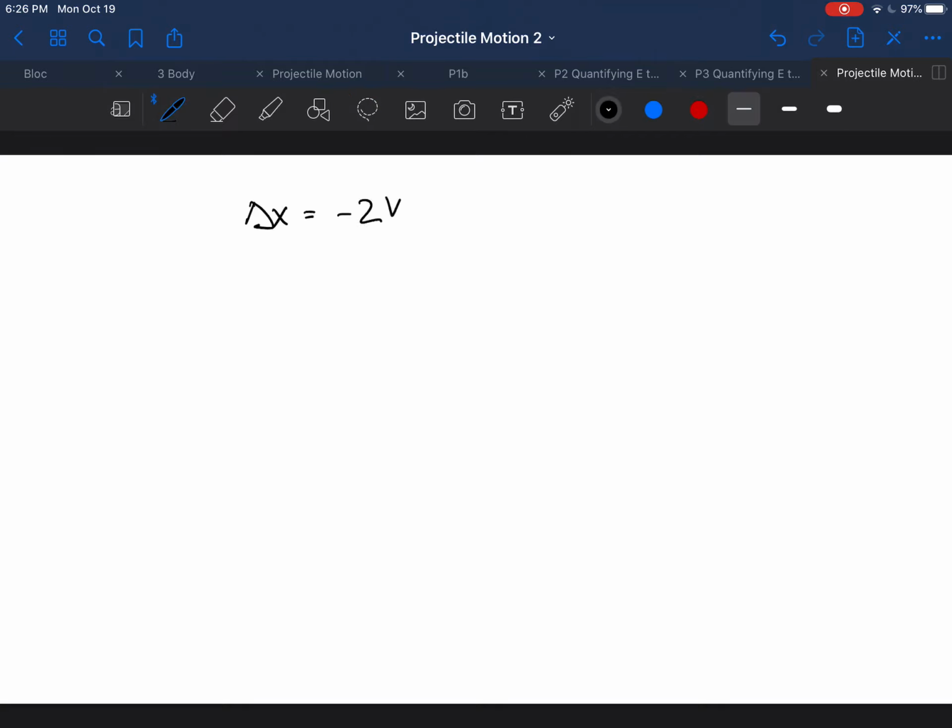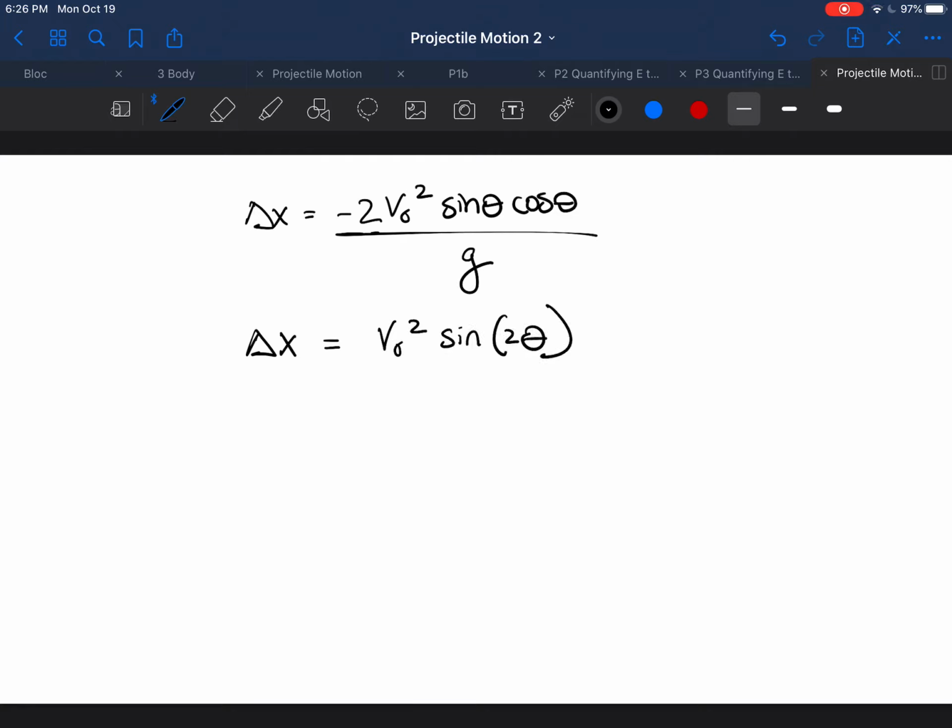So moving on to the next slide, I left off with delta x equals negative 2 v0 squared sine theta cosine theta over g, or that delta x is equal to, with our trig identity substitution, v0 squared sine 2 theta over g, where we're saying that g is equal to negative 9.81 in here, so the negative from this g and this would cancel out.